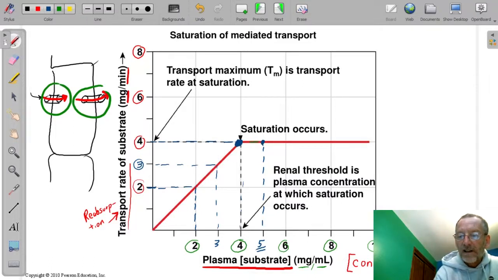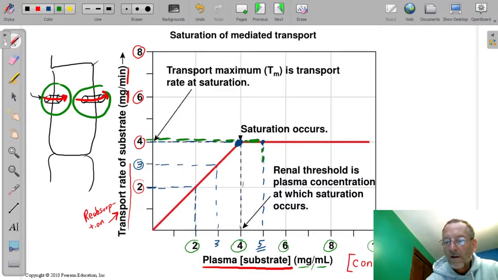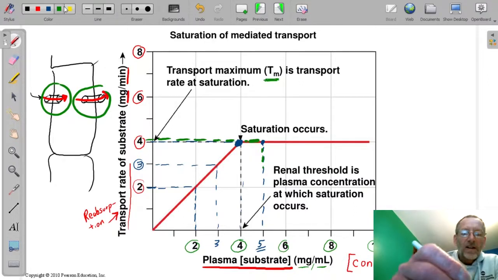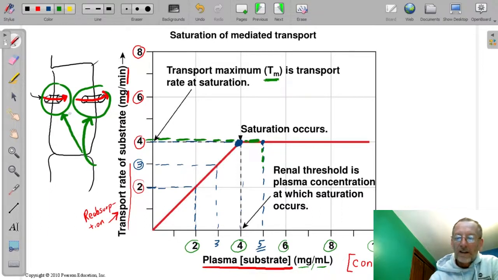That's it. So that's the transport maximum of this system. Transport maximum, TM, is the transport rate at saturation. Those little protein carriers on the cell membrane are maxed out. They can't work any faster.